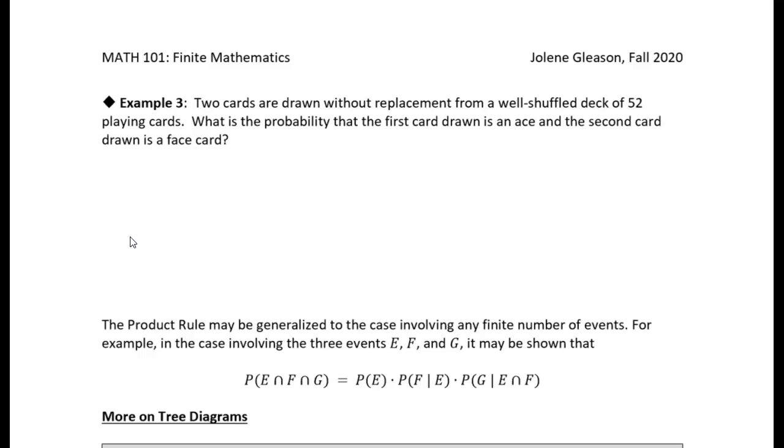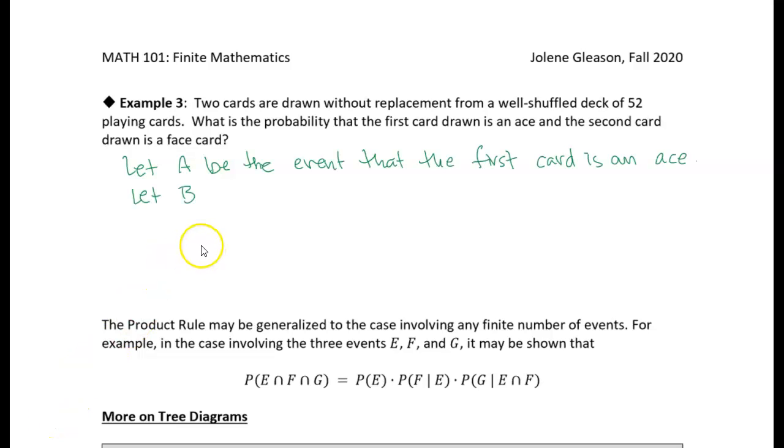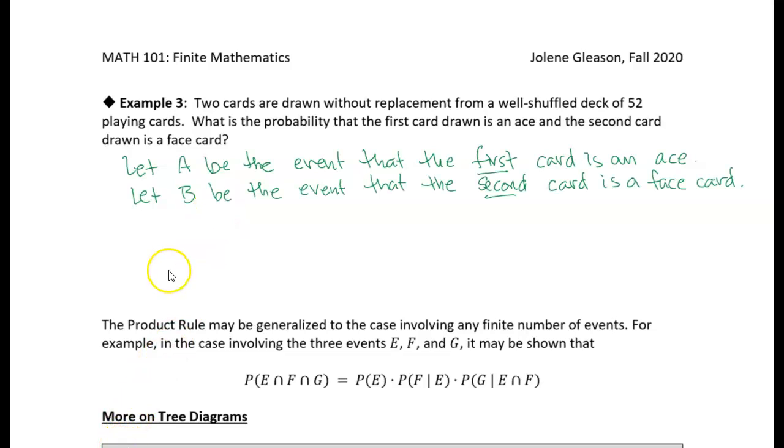I'm going to define a couple of events. Let A be the event that the first card is an ace, and we're going to let B be the event that the second card is a face card.